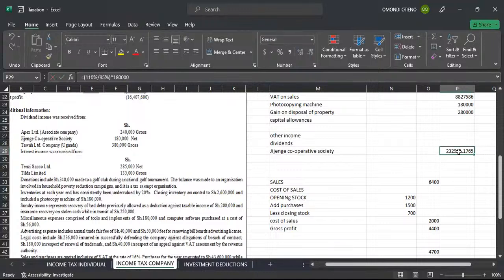Oh, I'm able to see I've inserted 110, not 100. Yes, so that's what we have there.